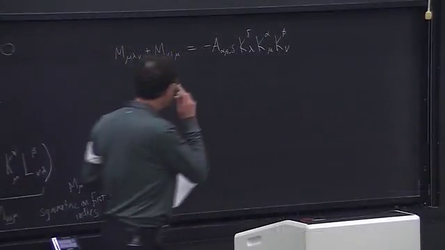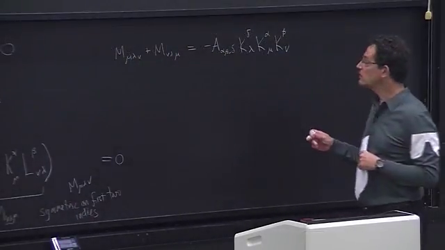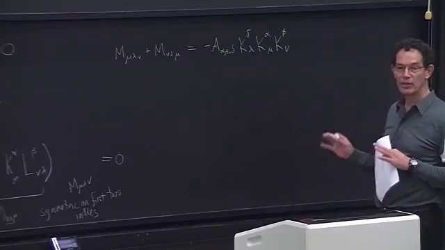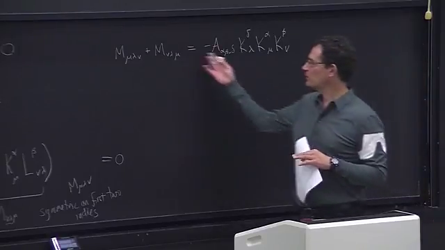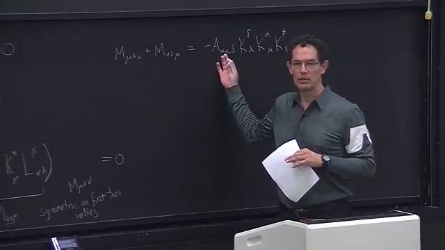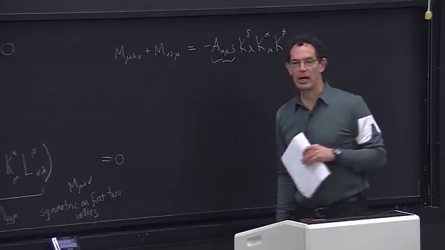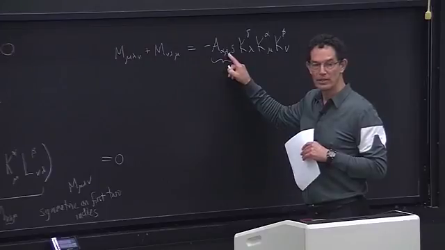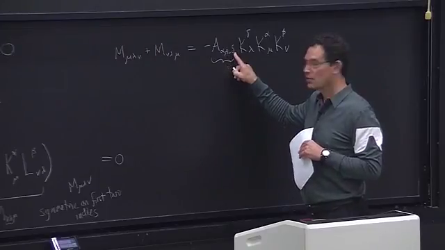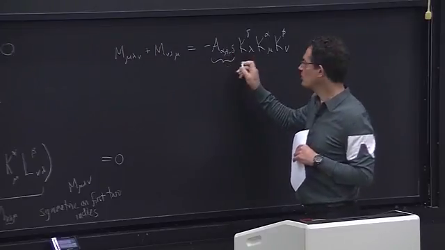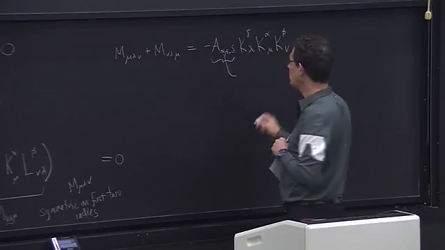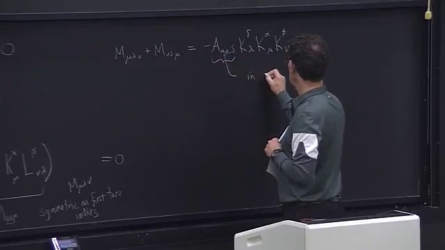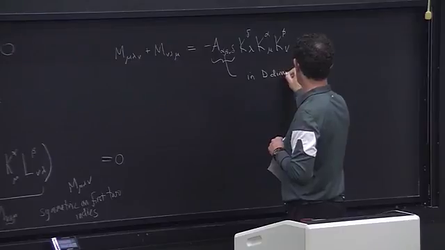Now, there's a kind of heuristic way of arguing this, which you'll find in Tony Z's book, which is just to count the number of parameters. This is a matrix which is symmetric on 2 indices, and it has a third index.